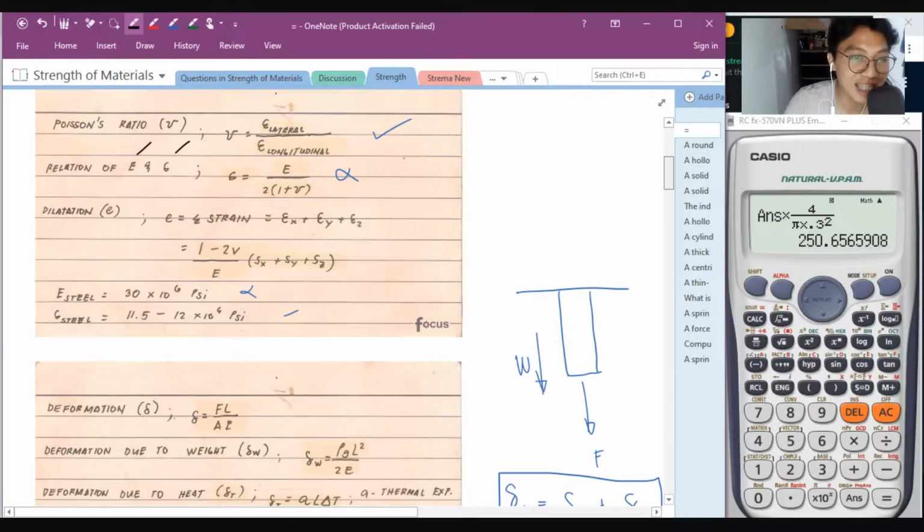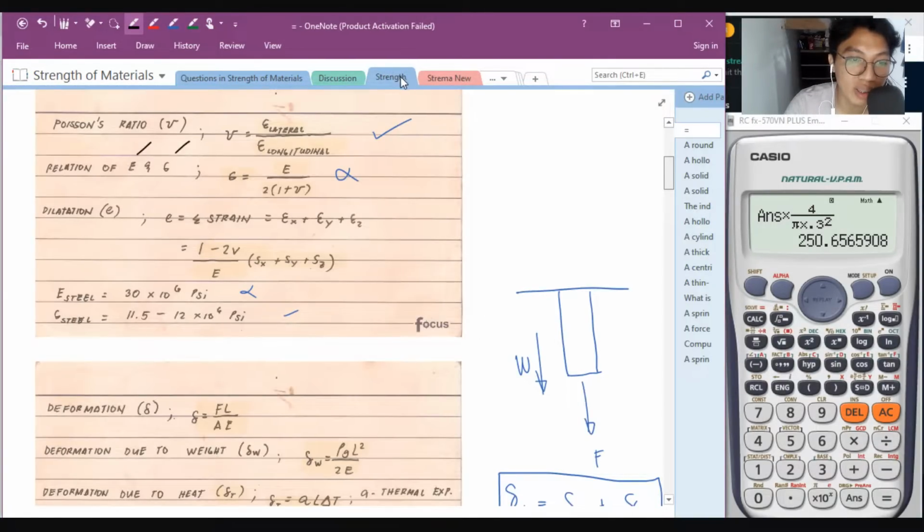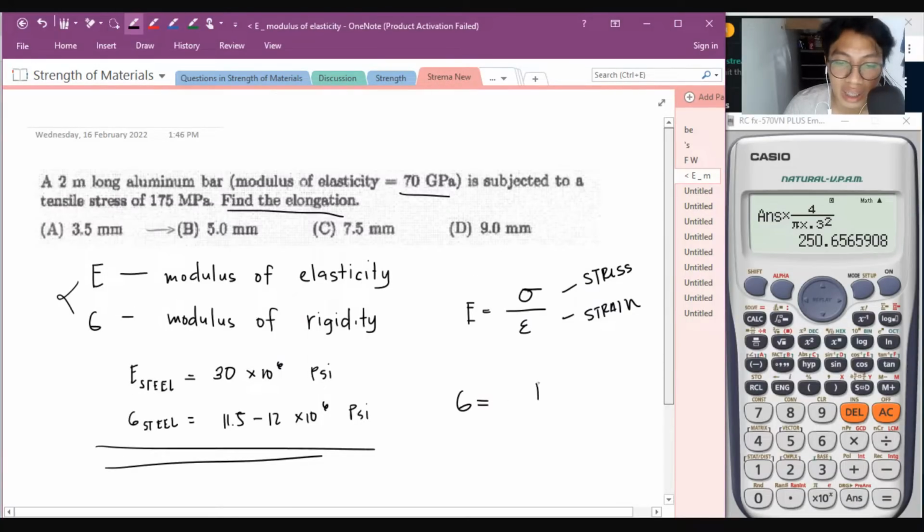Poisson ratio is the ratio of your lateral strain divided by the longitudinal strain. So, G is equal to E divided by 2, 1 plus this one. This is the Poisson ratio.